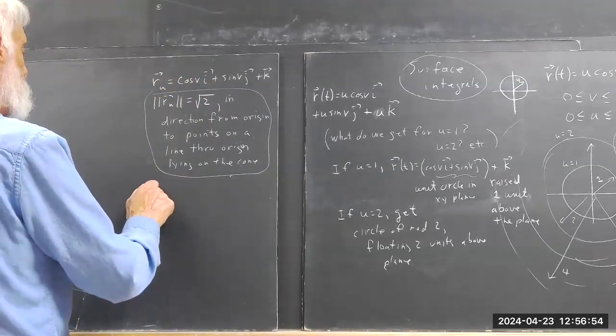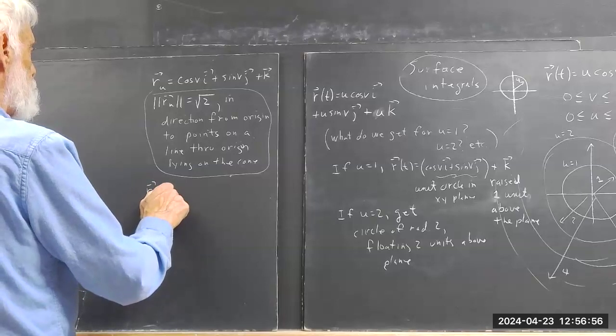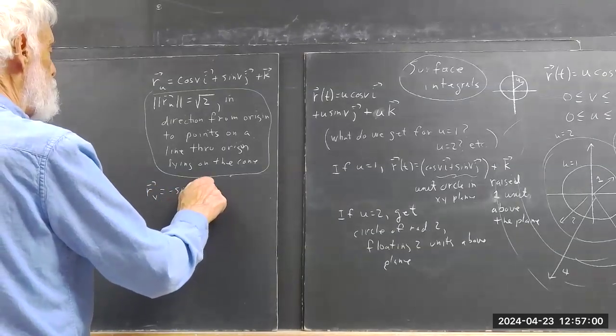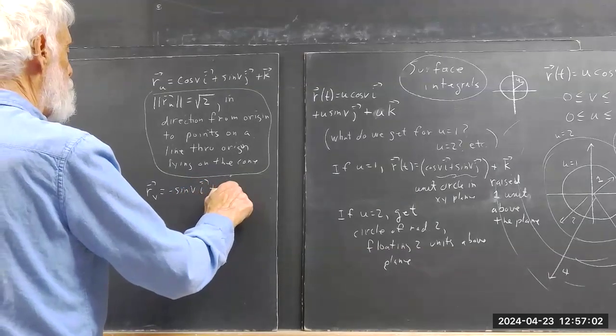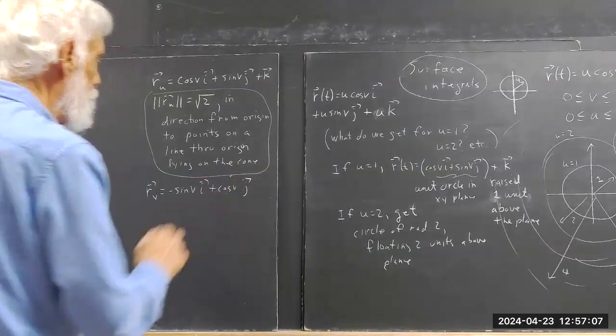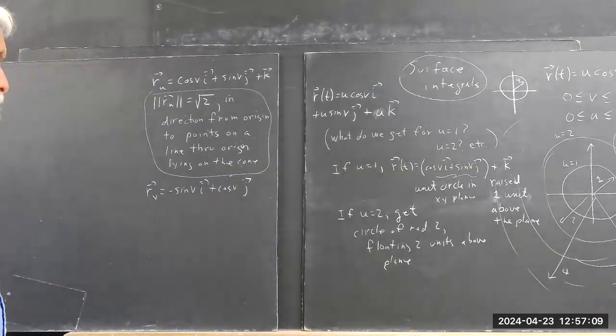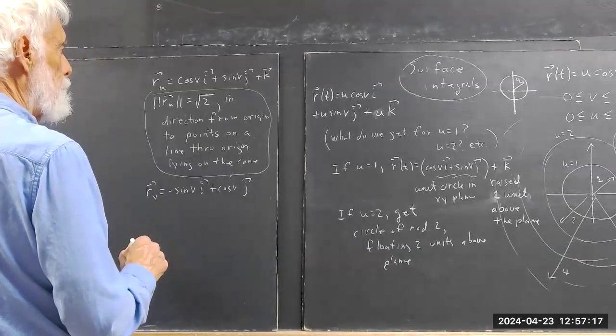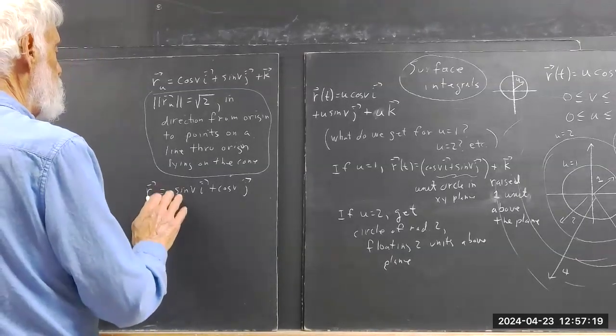r_v is negative sine v i plus cosine v j, and you're going to have a u.